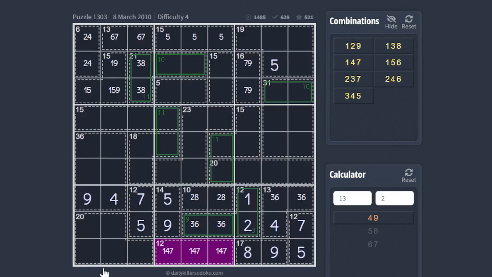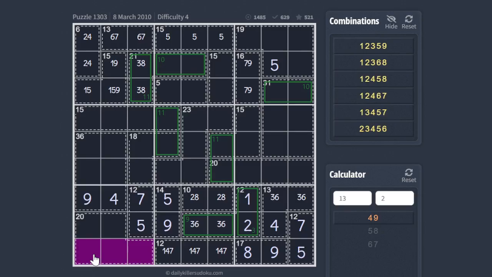And that leads us over here to box 7, where the only remaining candidates in this row are 2, 3, and 6. And what's left in the 20 cage? Well, it's a 1, 8.